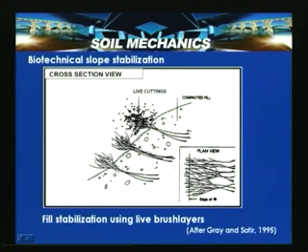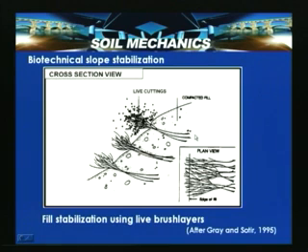When these brush layers are planted with a planned layout, the stability of this particular structure improves. These elements, which penetrate or are embedded into the soil, act like reinforcement elements and enhance the stability.